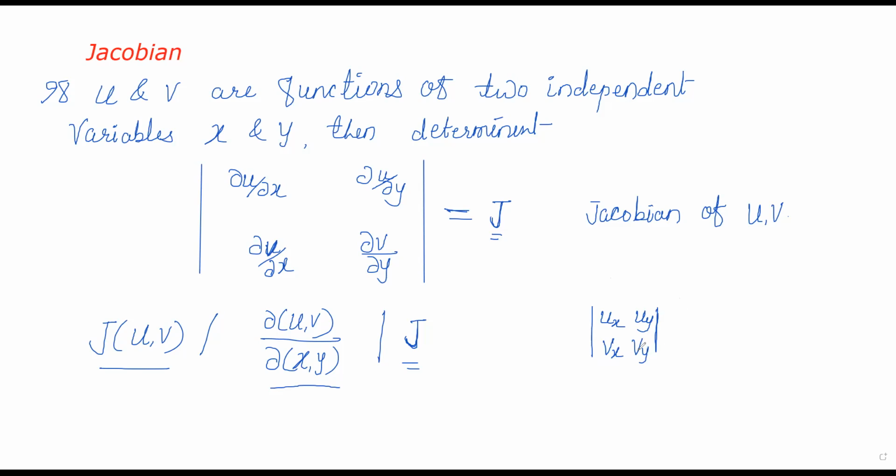This is the Jacobian of two variables, x and y. If three variables are given, the Jacobian of UVW with respect to x, y, z, how are we going to write that? Let us see.